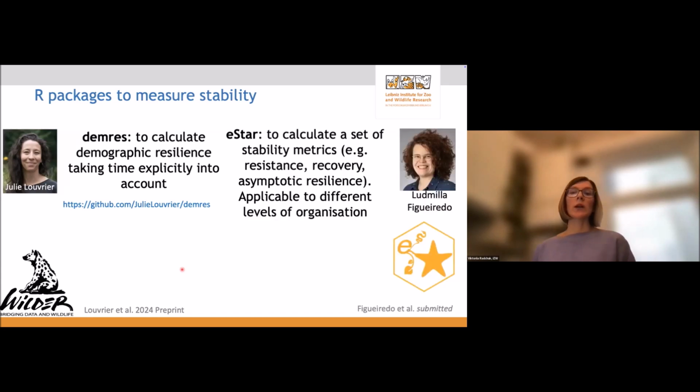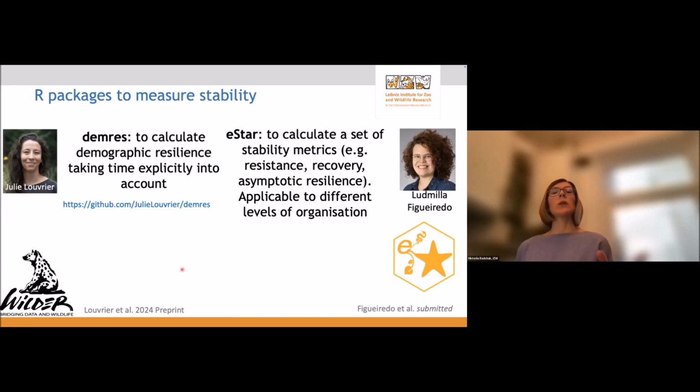And similarly, I would also like to highlight another R package that was developed in my group. It's E-STAR, developed by Ludmila Figueiredo, a former postdoc. This package is broader in its application in that it allows quantifying stability at different levels of organization. And it provides two different sets of stability metrics.